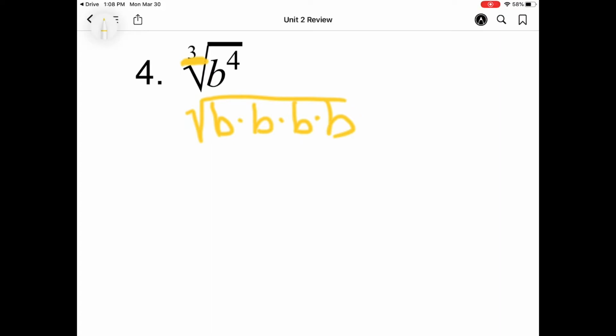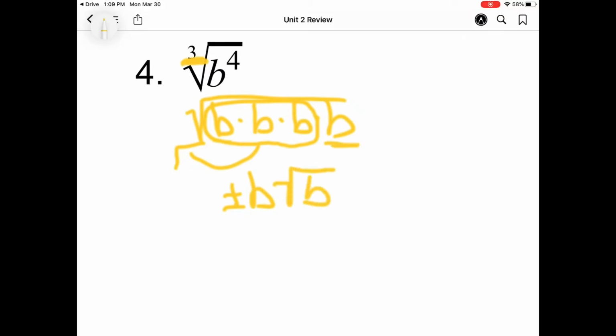Well, we have 1, 2, 3 b's that are the same that we can group together and move out. So we have plus or minus b, and then we have a lonely b left underneath the radical. And there is a 3 still as the index, and that would be our answer for number 4.